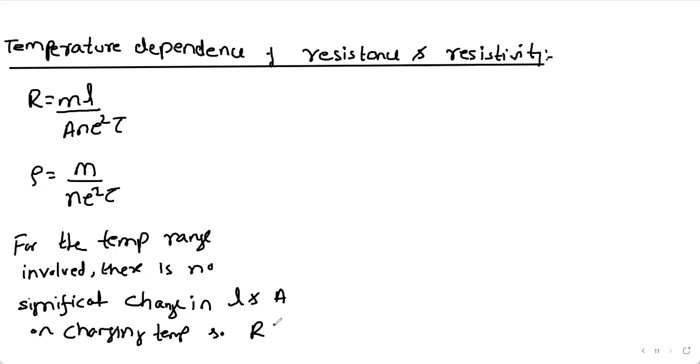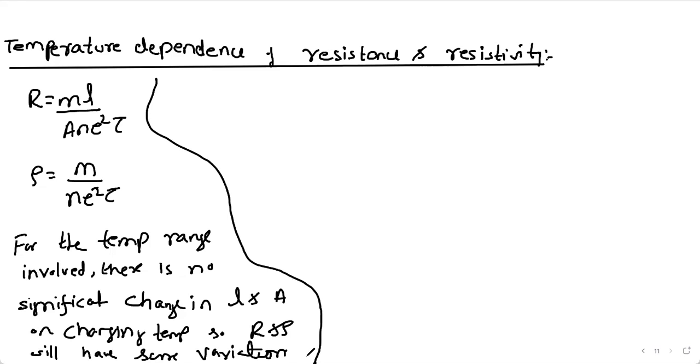So resistance and resistivity will have the same variation. Both resistance as well as resistivity will have exactly the same variations, so the variation in resistance or resistivity is the same for the temperature range involved.